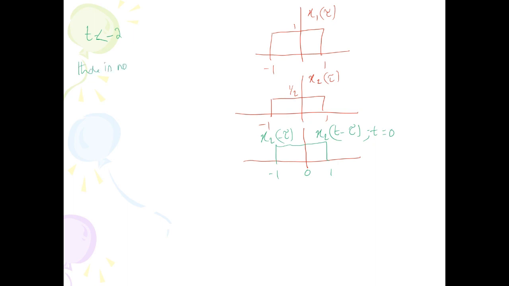There is no overlap in this region. The overlap portion starts at t equal to minus 2 and goes up to 0, so the output will be linearly increasing. This is the standard result.